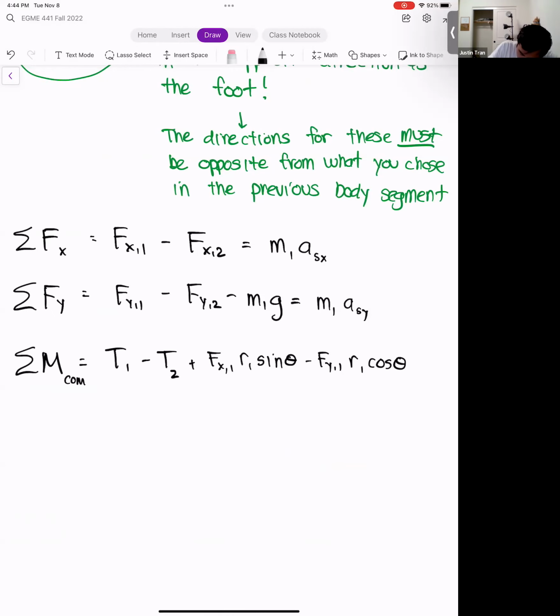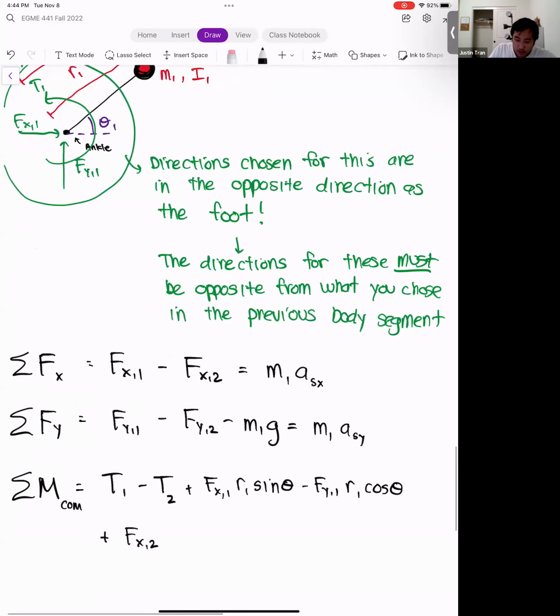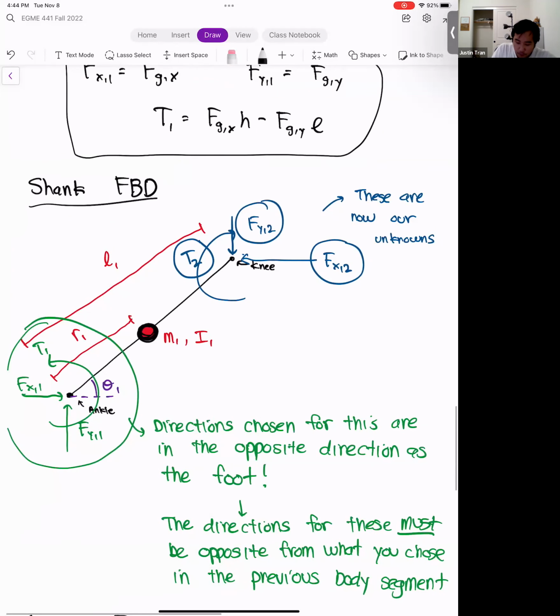Okay. And then we have the same things for the knee joint. And so we have Fx2. Okay. Here, we're not given the direct distance. And so for Fx1, Fy1, we're given the distance R1. Okay. But the distance between the knee and the center of mass, this distance, is given by L1 minus R1.